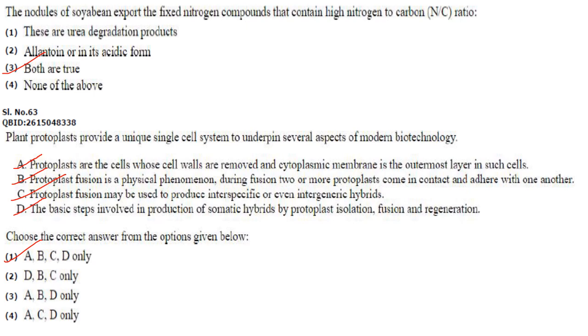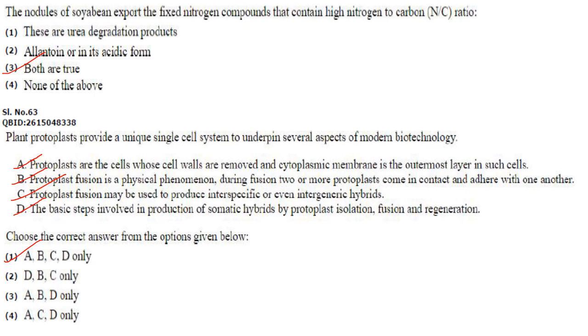Plant protoplasts provide a unique single cell system to underpin several aspects of modern biotechnology. Regarding protoplasts, choose the correct answer from the options given below. Protoplasts are the cells whose cell walls are removed and the cytoplasmic membrane is the outermost layer in such cells. That is correct. Protoplast fusion is a physical phenomenon. During fusion, two or more protoplasts come in contact and adhere with one another. That is also correct.